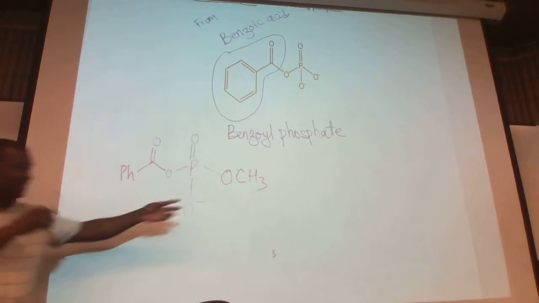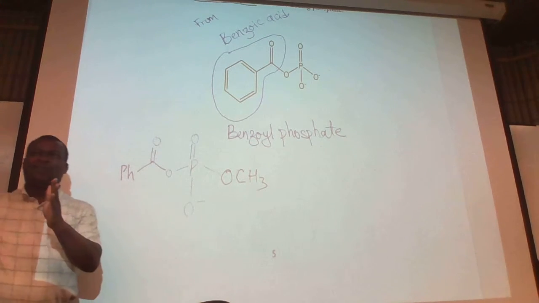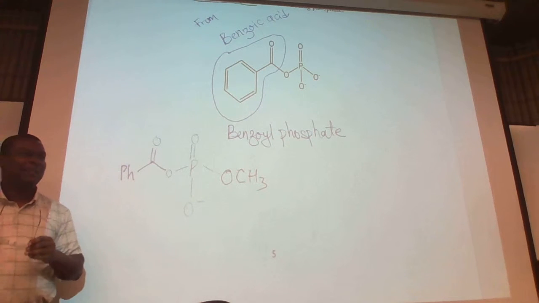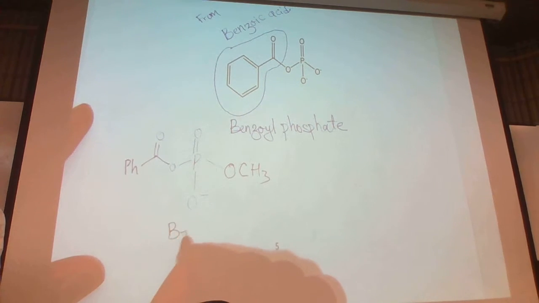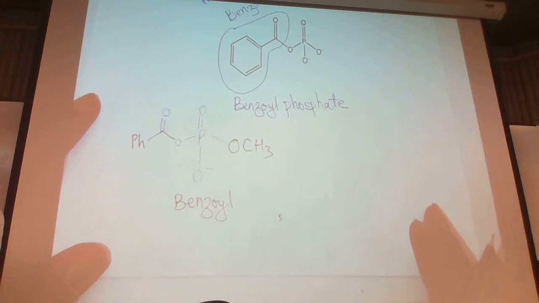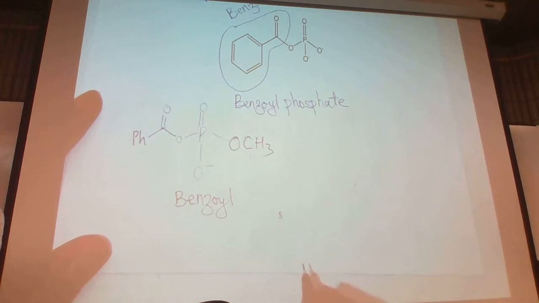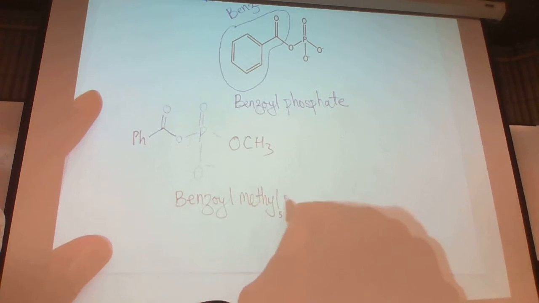So that means this alkyl group should be between your acyl group and your phosphate. All right? So the acyl group here is a benzoyl. And you have a methyl, and then you have the phosphate.